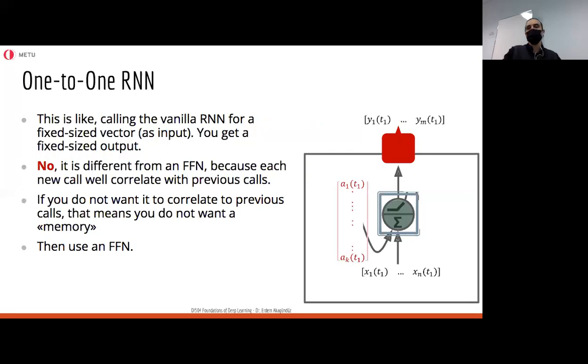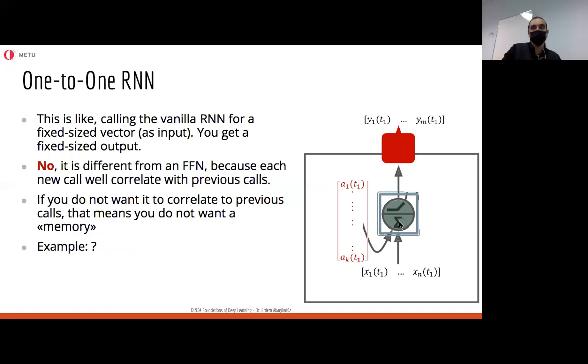Because different from an FNN, each time you call this, you may need a dependency on the previous times you called it. We're going to think of an example. So if you want to correlate each time you call this function, even though the input-output relation is one-to-one, it still needs some sort of memory state inside it.